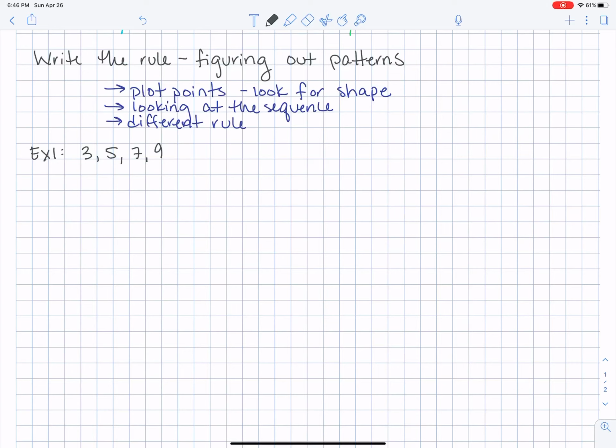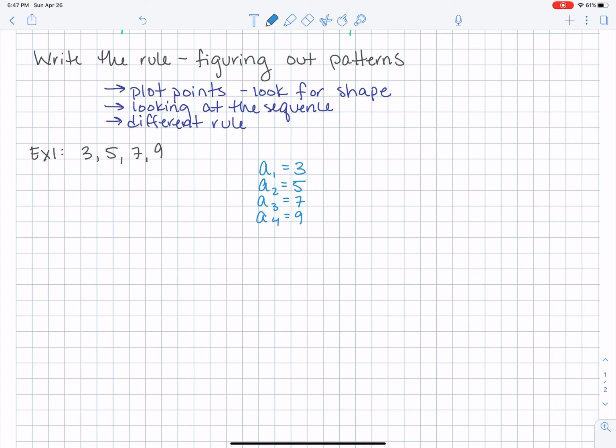I'm going to write this in sequence notation. a sub 1 is equal to 3. a sub 2 is equal to 5. a sub 3 is equal to 7. And the fourth term is 9.